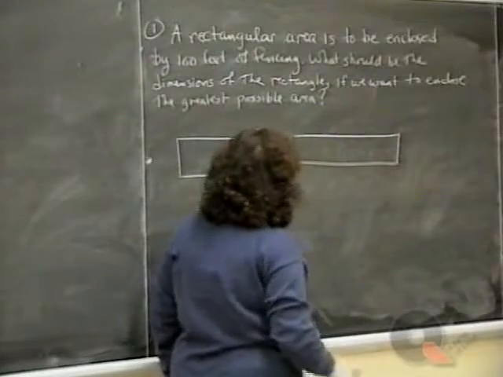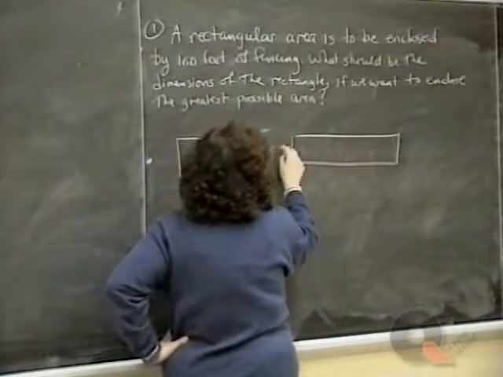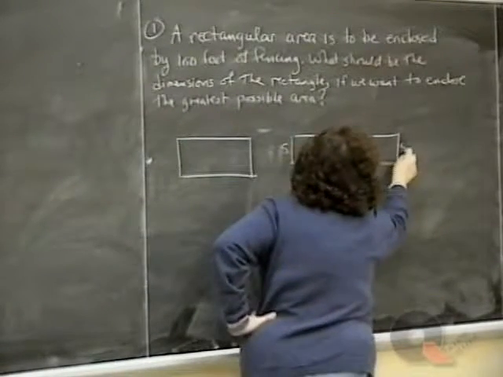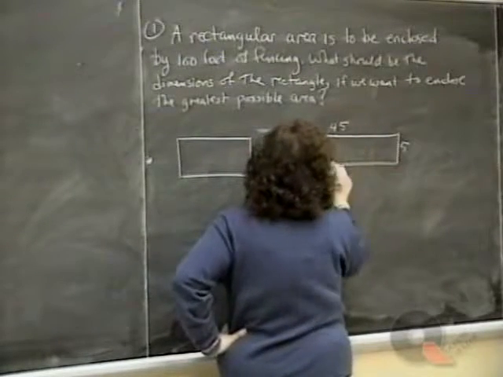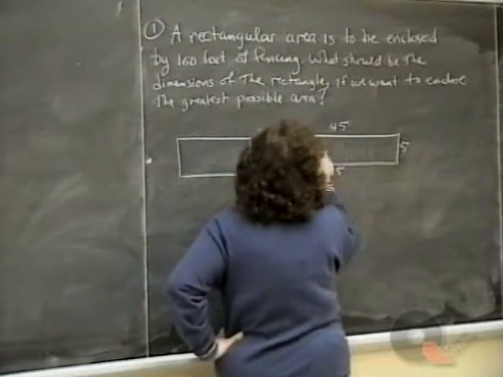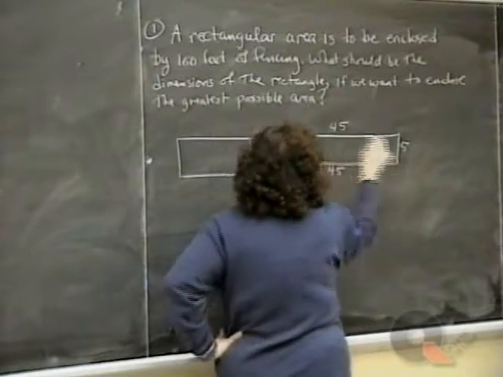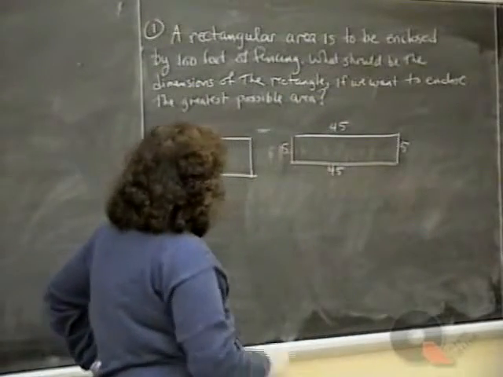It's not exactly drawn to scale, but we could have 5 feet on either end, and then 45 feet on these sides. 45 and 45, 90 and 10, using up 100 feet of fencing.